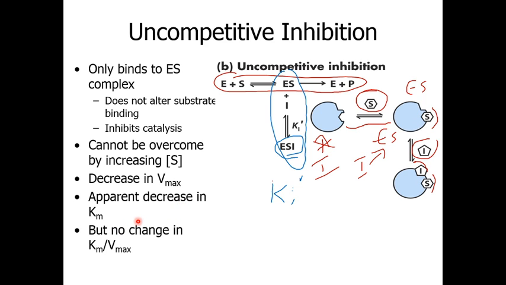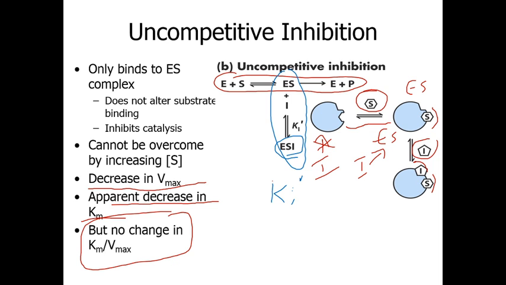There is an apparent decrease in Km, but no change in Km over Vmax. So in an uncompetitive inhibitor, it decreases the Vmax, and there is an apparent decrease in Km, but it does not change the Km over Vmax.